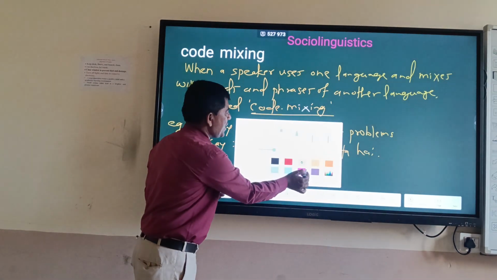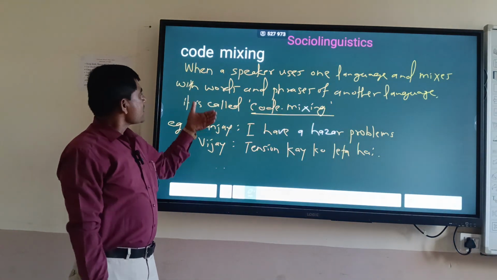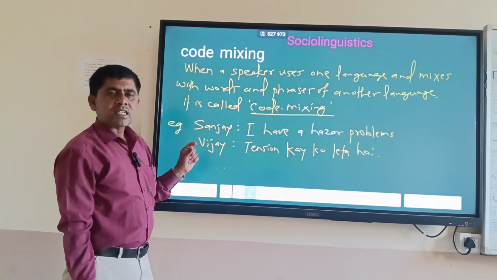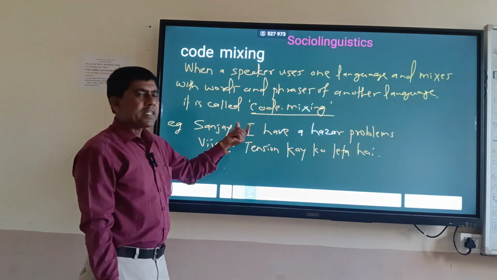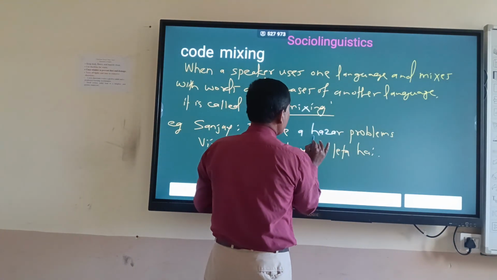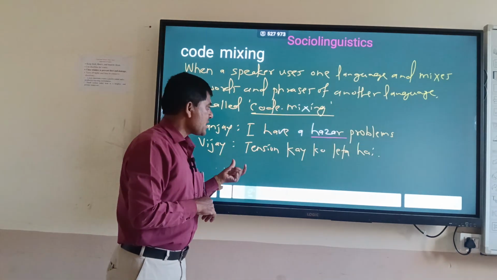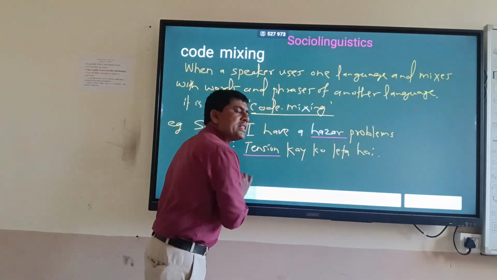In code mixing, there is a conversation between Sanjay and Vijay, and it is a kind of linguistic cocktail. Sanjay uses the English language, but he uses one word from Marathi, that is hazar. And Vijay uses the Hindi language, but he uses one word from the English language.